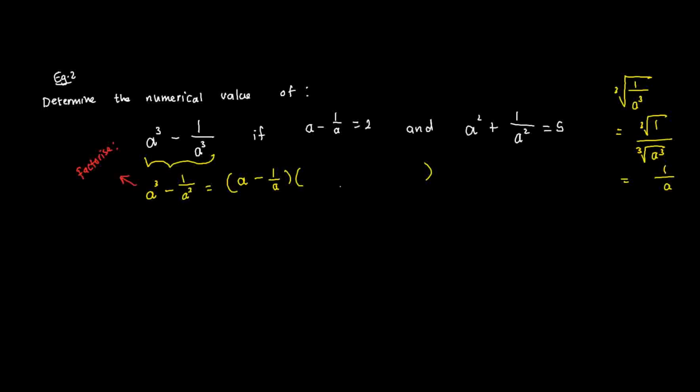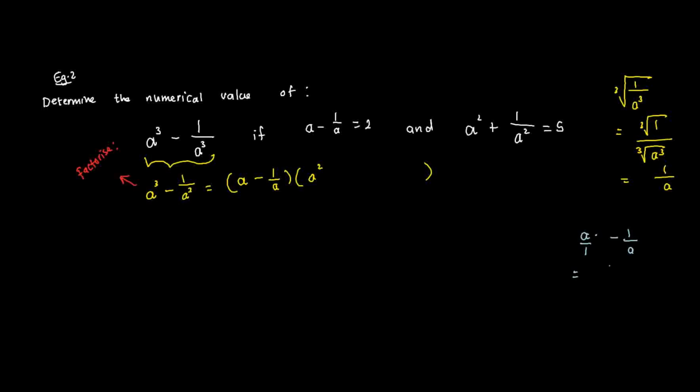Now, how do I get the trinomial? I look at the binomial. Let's look at the first term in the binomial. a squared is a squared. Let's multiply these two terms and then change the sign. So we have a multiplied to, remember it's a over 1 multiplied to negative 1 over a. How do we multiply two fractions, by the way?